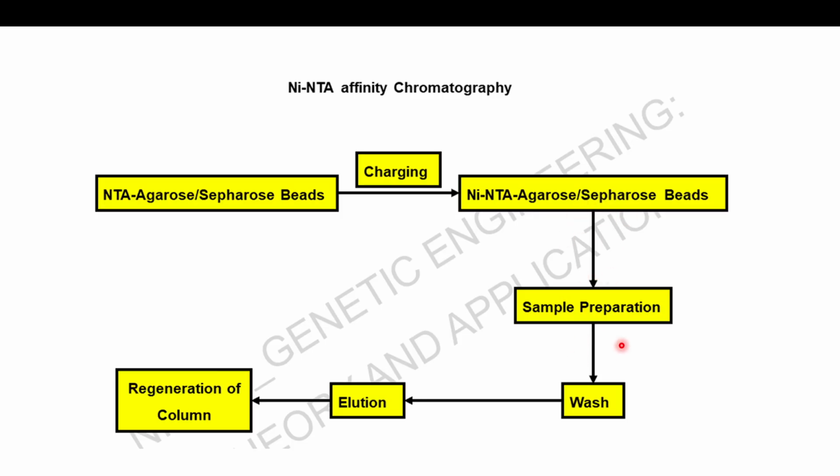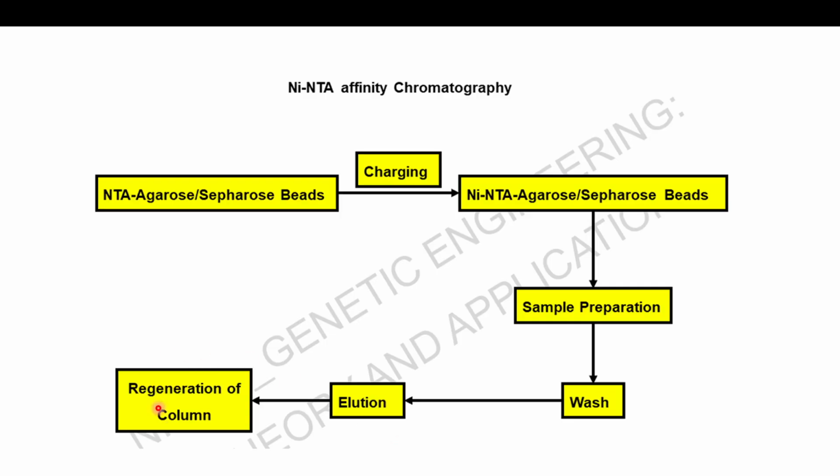This sample, or the protein that you wish to purify, has a polyhistidine tag attached to it, and then you let the polyhistidine tagged protein interact with the Ni-NTA matrix, and then wash off the unbound material, and then elute out with a solution which has higher affinity with the Ni-NTA, like imidazole. Higher concentrations of imidazole are used, which removes the bound protein and your protein is eluted out. The histidine tagged protein is eluted out.